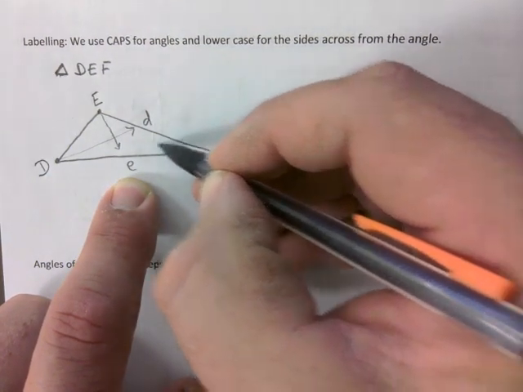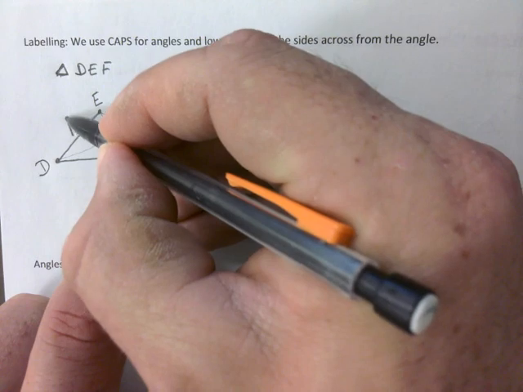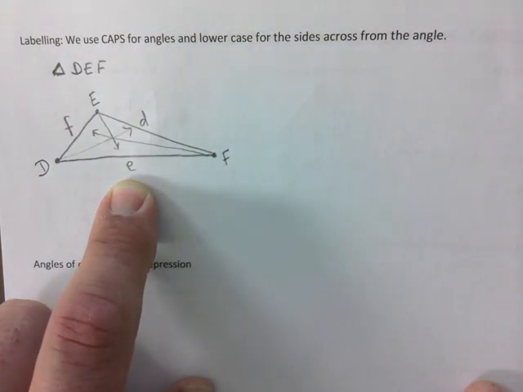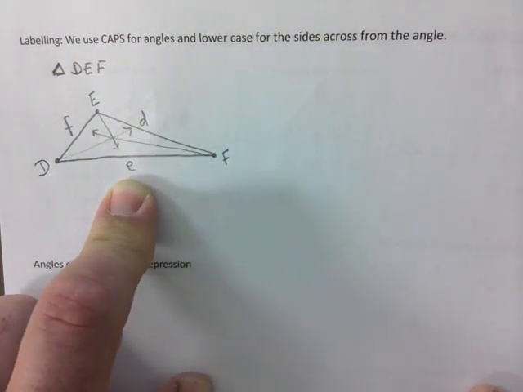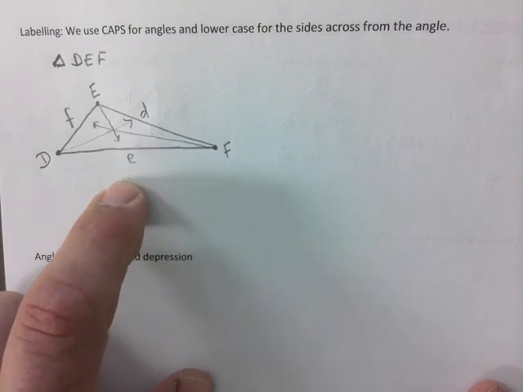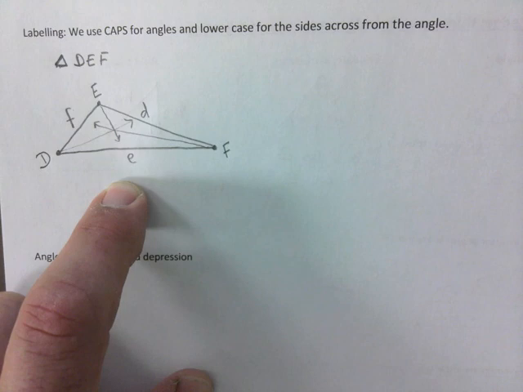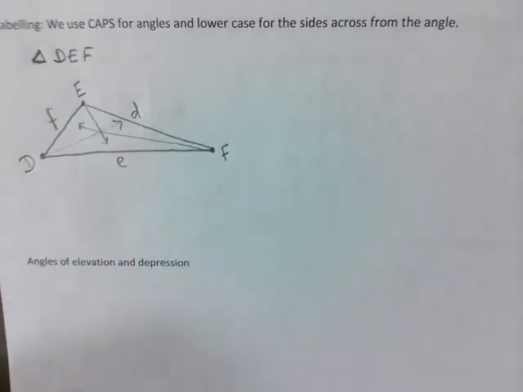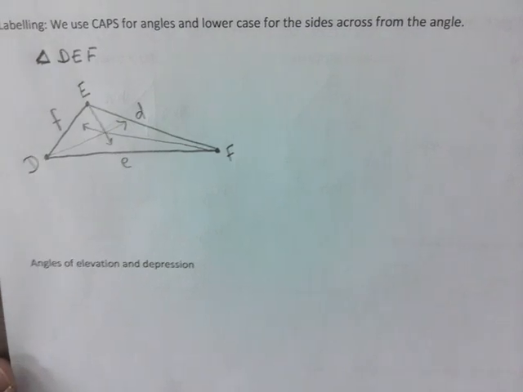And across F, it's lowercase f. There we go. That is triangle DEF sketched properly. You do not have to put the arrows on an example. If I ever ask you to graph it, don't put the arrows. It's just for your notes. Fun stuff, eh?